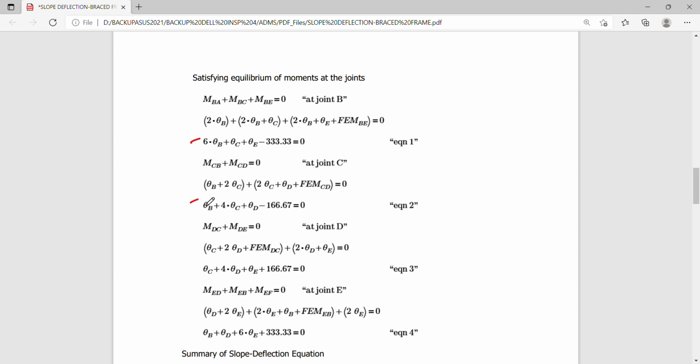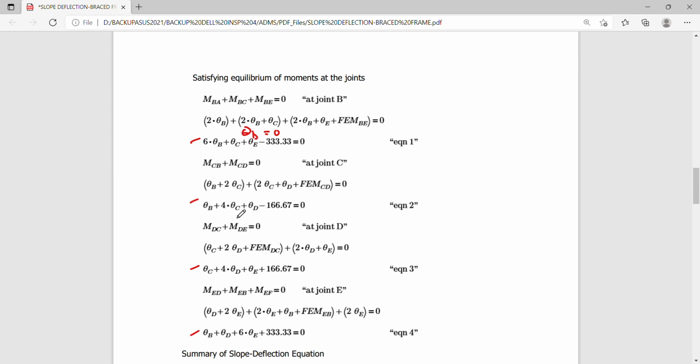Okay, in this regard, it is a good idea to arrange it in terms of the chronological order of the joints B, C, D, E, but since this theta D is 0 here, we omit, of course, the theta D there and so on.